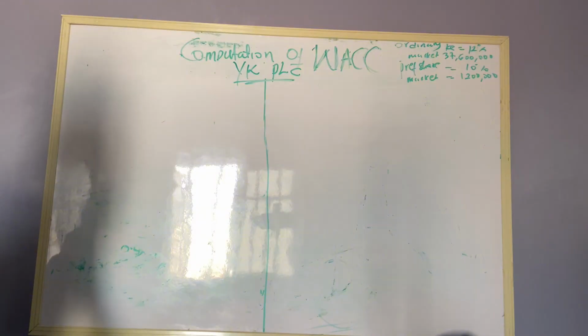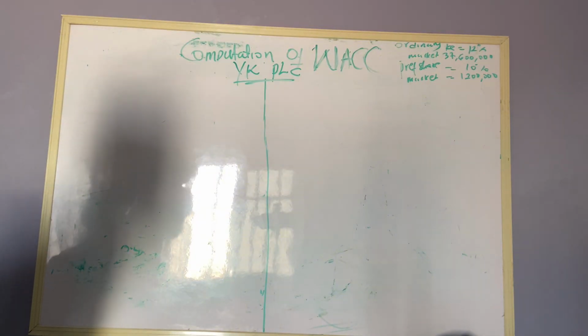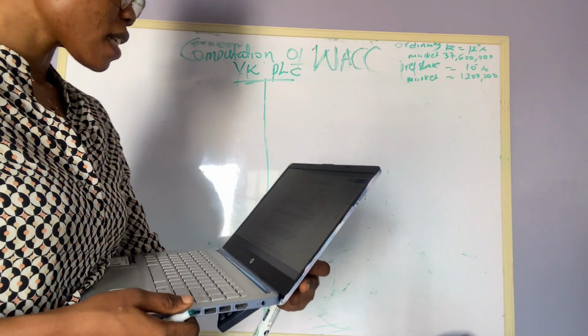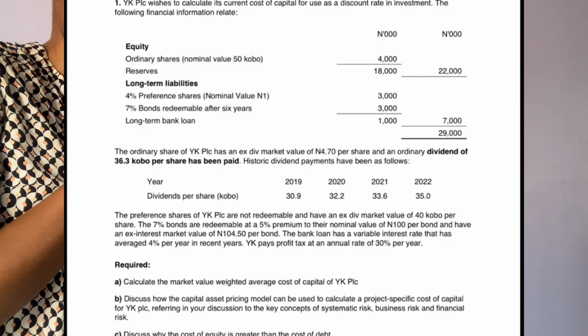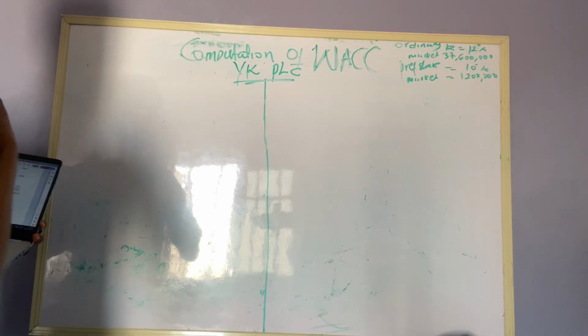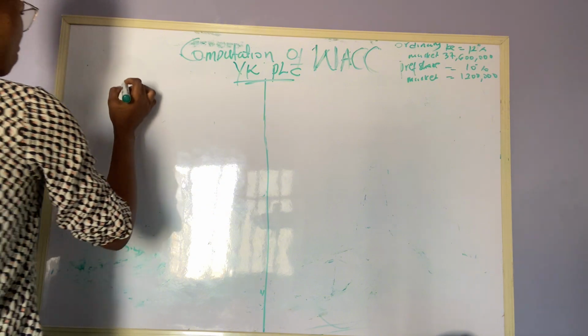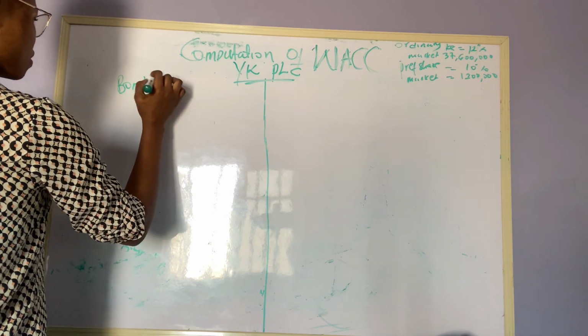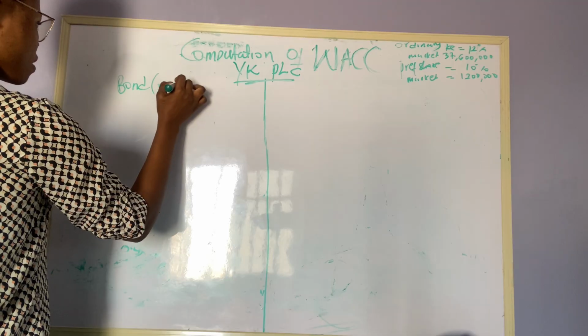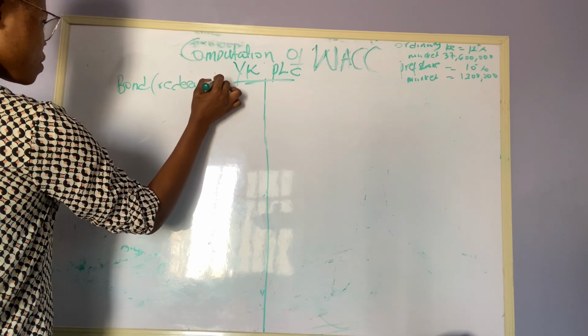So what's our other source of finance? Our other source of finance is the 7% bond that's redeemable after 6 years. That's bond, redeemable. You get? Let's put it there. Redeemable.